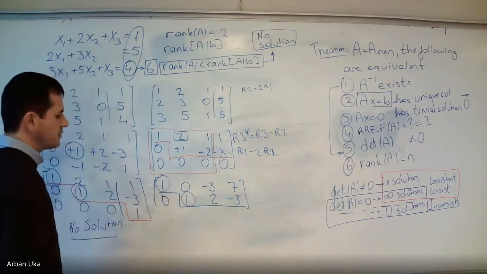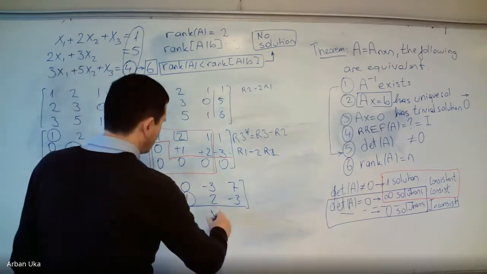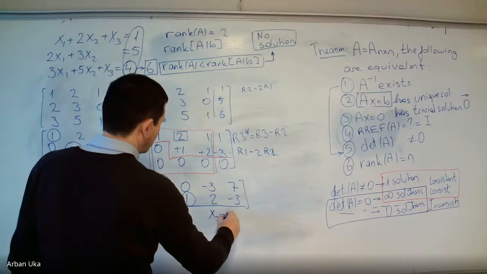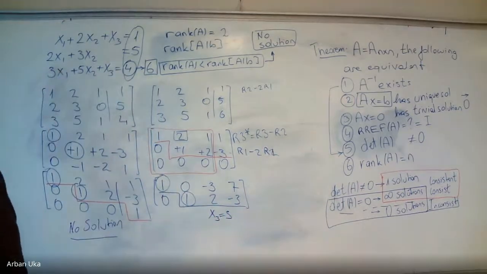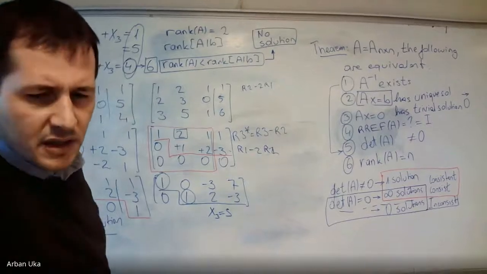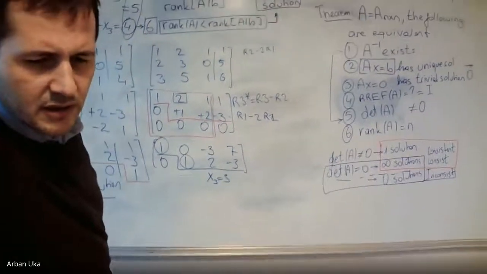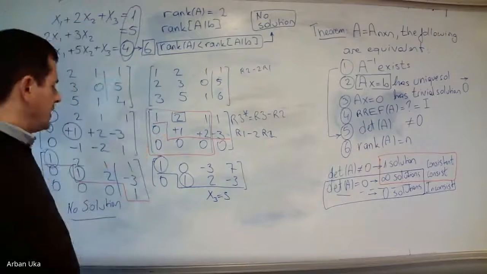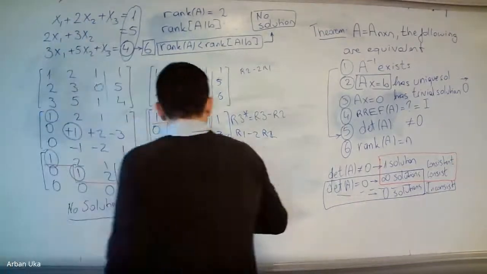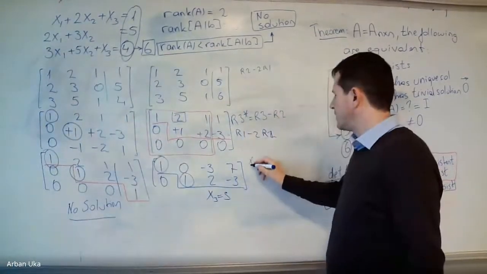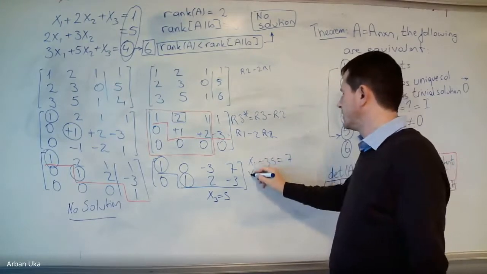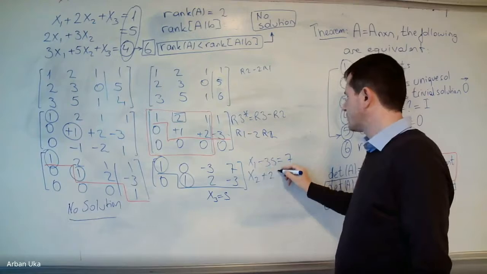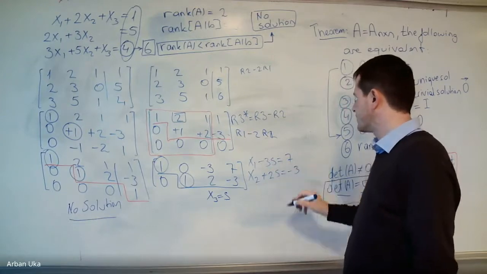Which one is a free variable? X3 is a free variable, okay? So if X3 is a free variable, we can write it like X3 is equal to S. And then we have the following equations. We have X1 minus 3S, this is equal to 7. And X2 plus 2S, this is equal to minus 3.